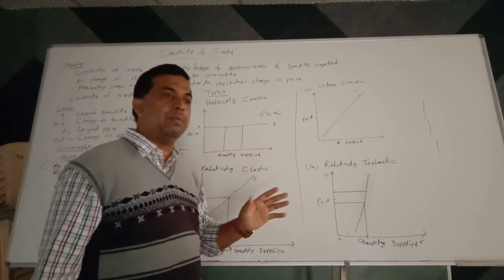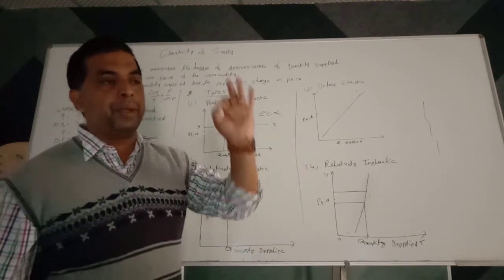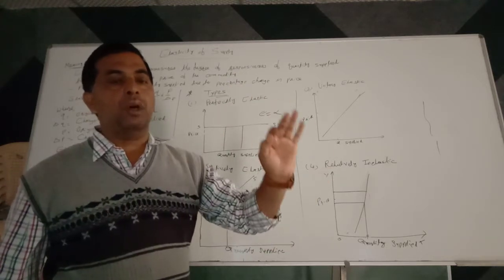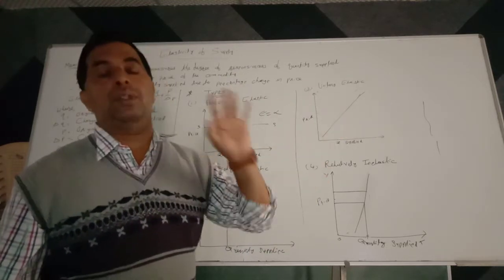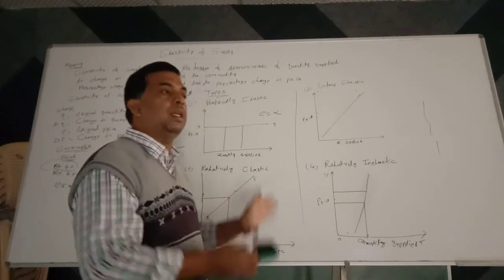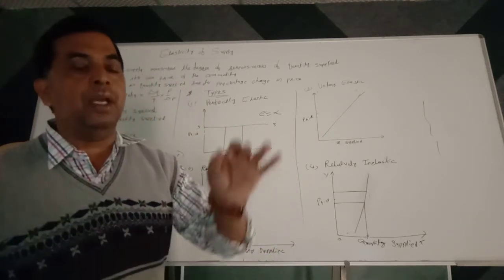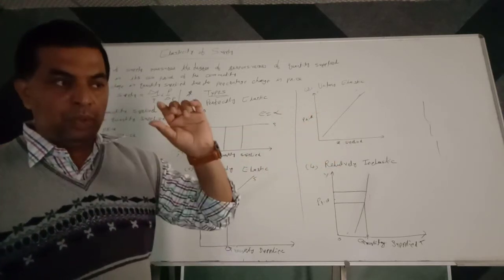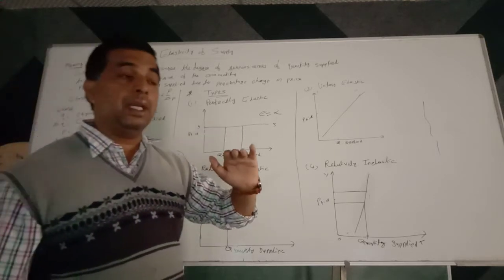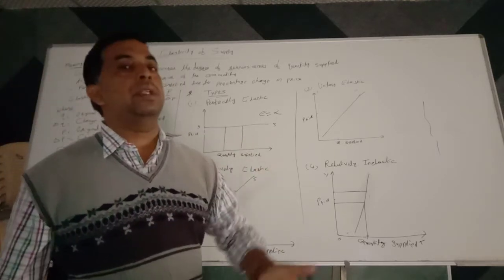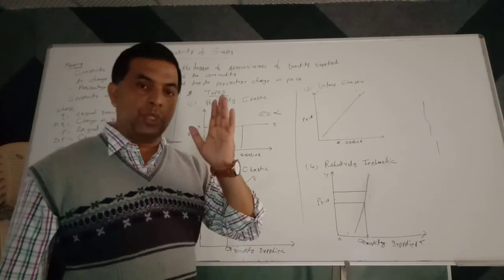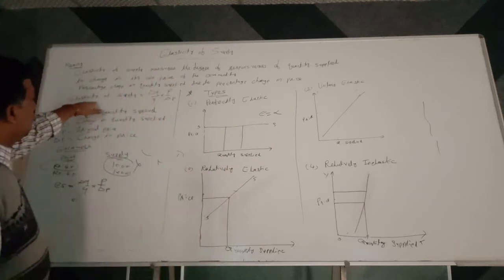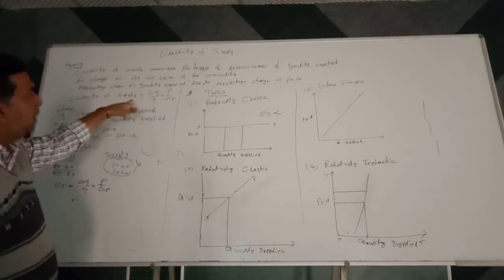It is the percentage or proportionate change in quantity supplied due to percentage or proportionate change in its own price. प्राइस में चेंज होने से क्वांटिटी सप्लाई कितना चेंज होता है वो दिखाएगा इलास्टिसिटी ऑफ सप्लाई. So elasticity of supply indicates not only direction but also proportionate or percentage change.